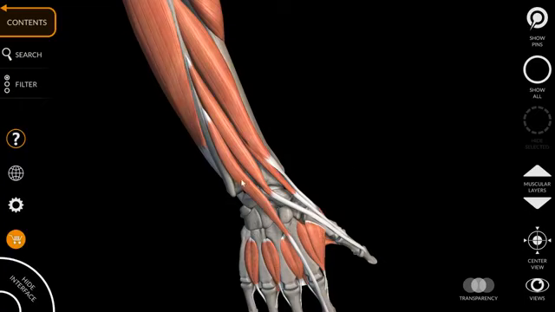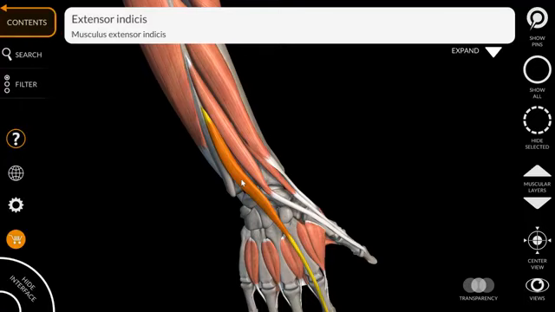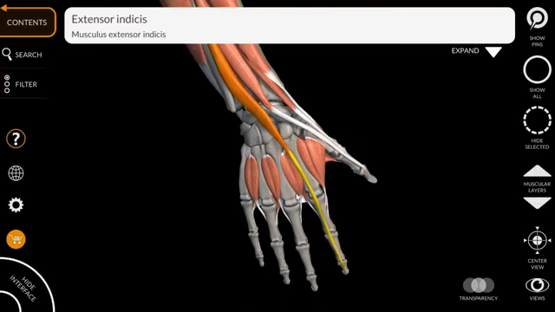Now the last muscle is the extensor indicis. Indicis, the word indicis is associated with the finger. Okay, the first finger. You can see here that it is arising from the posterior surface of the shaft of the ulna, and it is attaching to the index finger here.